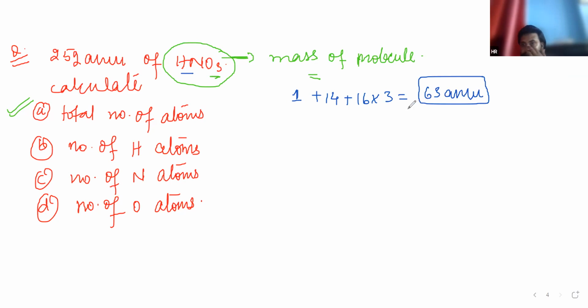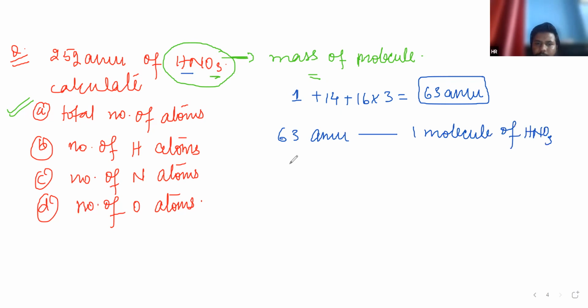That means in 63 AMU, one molecule of HNO3 is present. So in 1 AMU, 1 by 63 molecule of HNO3 will be present.